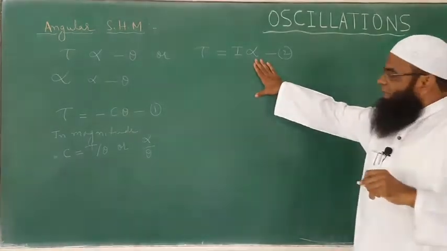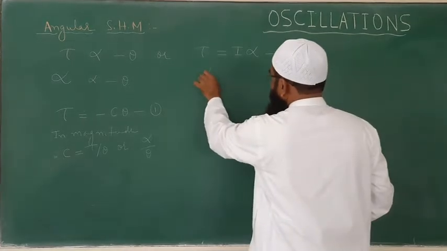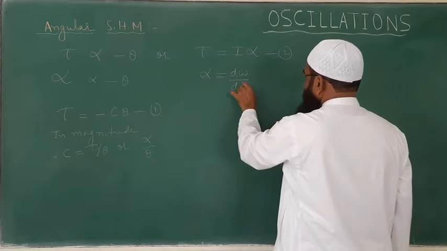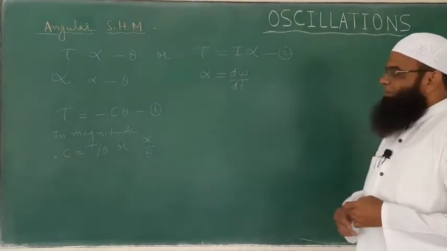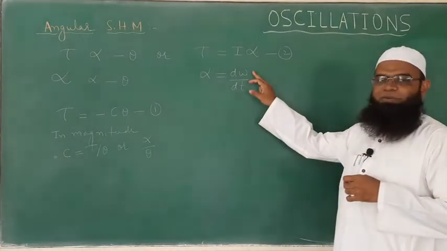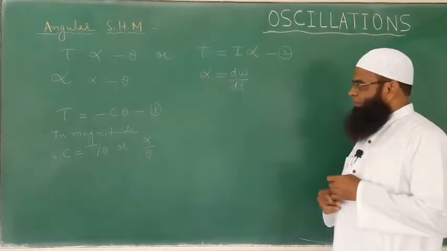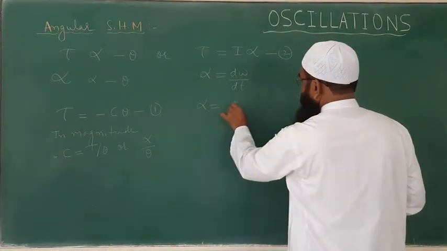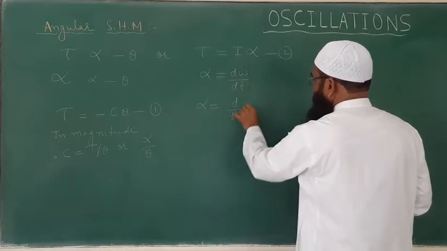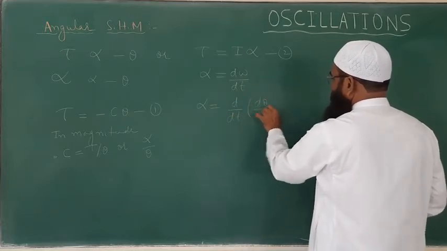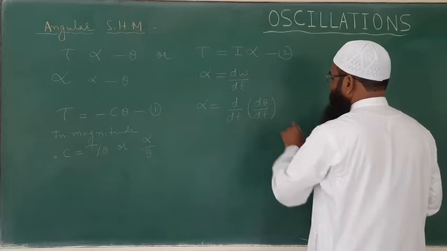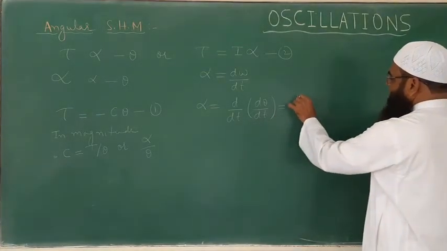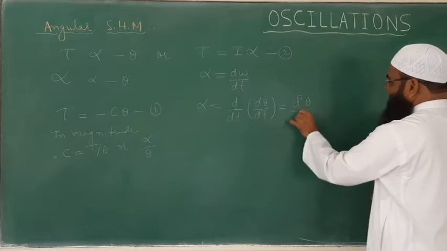Alpha can also be written as d omega by dt. Angular acceleration is the rate of change of angular velocity with respect to time. For angular velocity we can write d by dt of d theta by dt, the rate of change of angular displacement with respect to time. So it becomes d2 theta upon dt square.